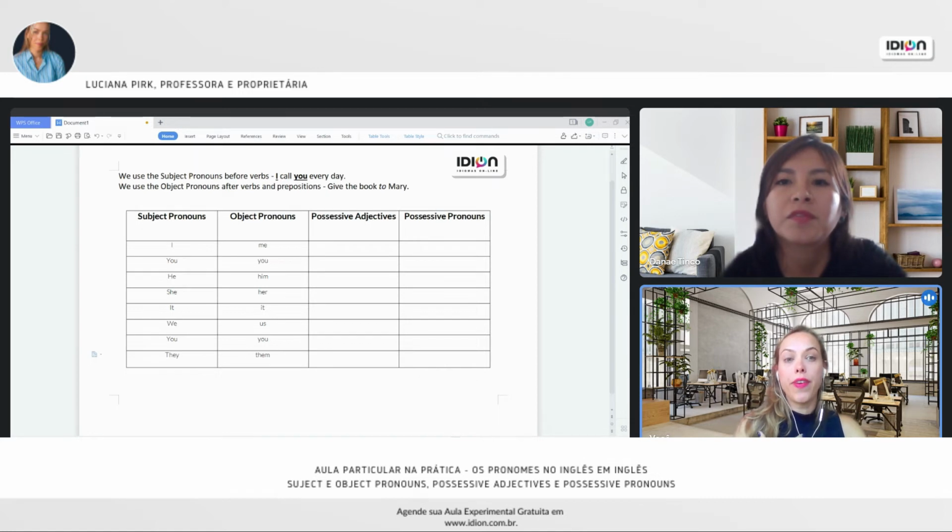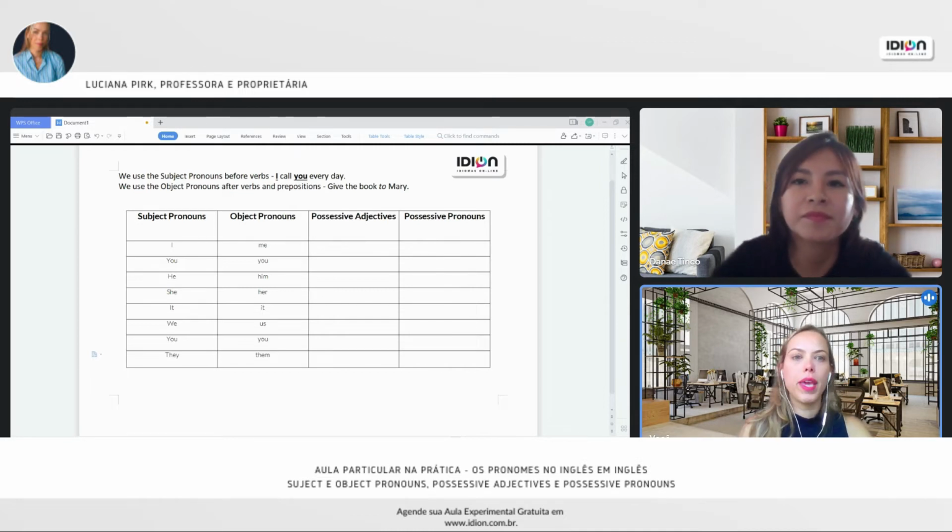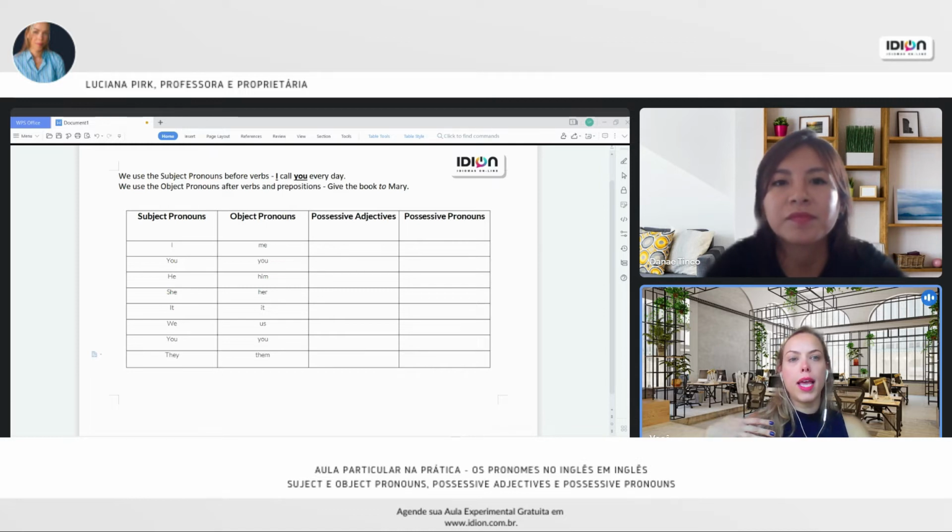And now the possessive adjectives always come before the noun in English. So we always say, for example, big house, old tree. We always say first the adjective and then what we are talking about. With the possessive adjectives, it's the same thing.